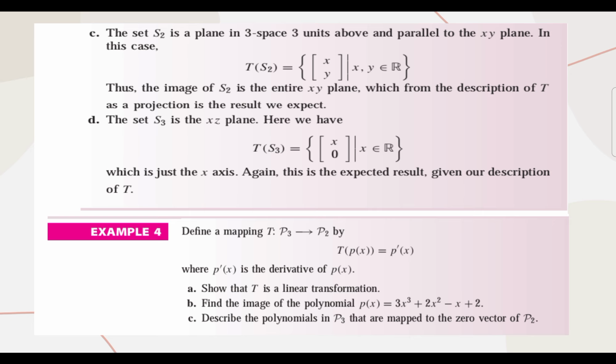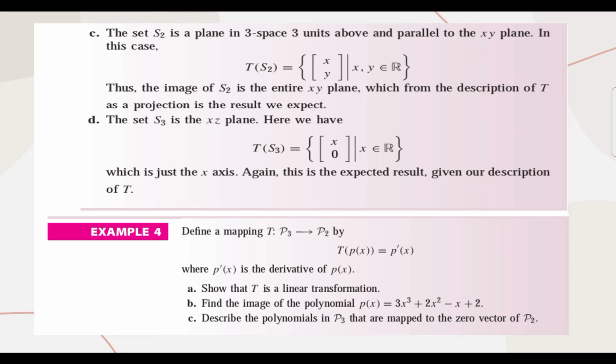So in this case, we have T(S2) = {T(x, y, 3) : x and y are elements of R}, so we get (x, y) where x and y are elements of R. So the image of S2 is the entire xy plane, which, from the description of T as a projection, is the entire plane R squared.